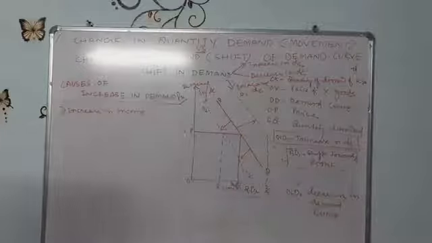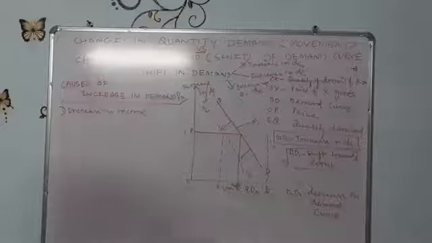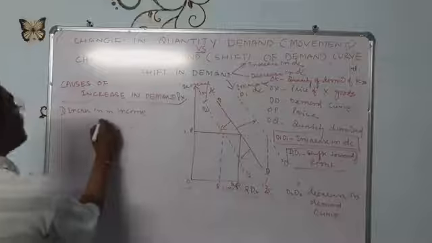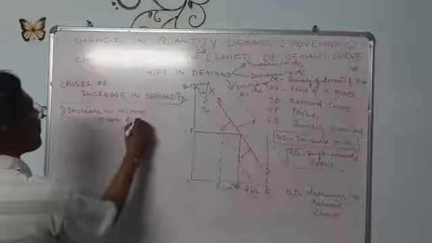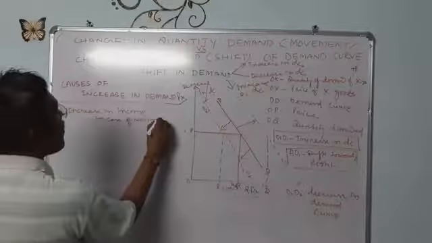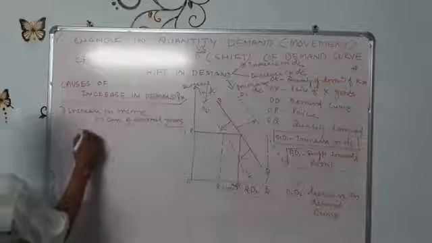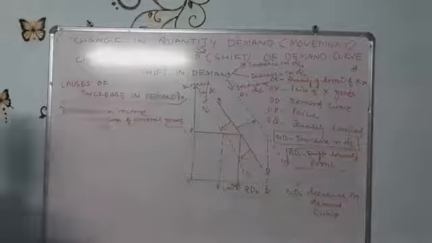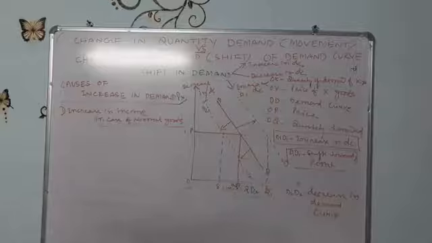Because income increases, price remains the same. In all these cases we are discussing increase in income in case of normal goods, so that demand increases. First point is increase in income in case of normal goods.